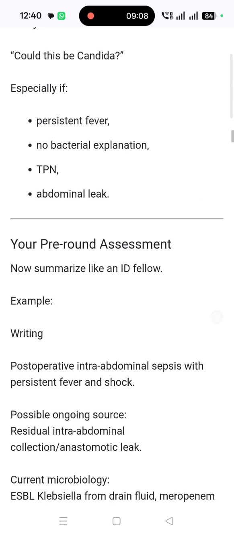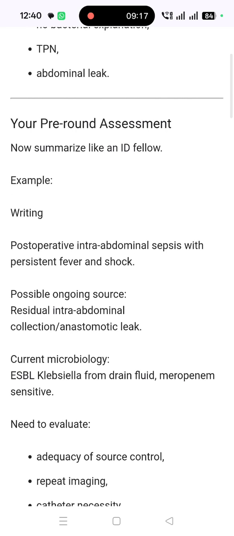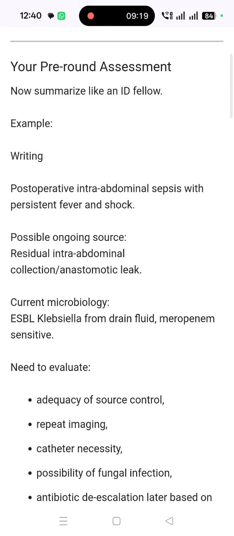So for the pre-round assessment, we have done this round and you see that example, you have to write everything: post-operative intra-abdominal sepsis with persistent fever and shock, possible ongoing source, residual intra-abdominal collection or anastomotic leak.